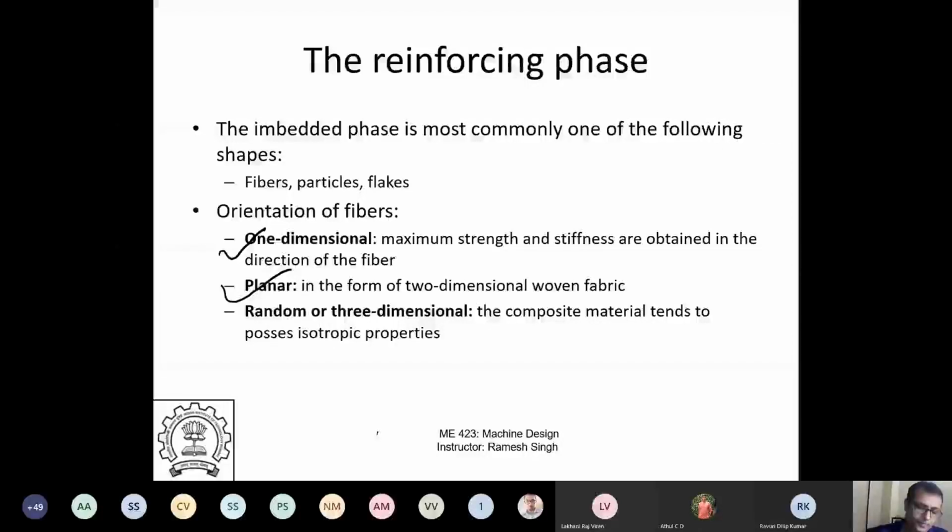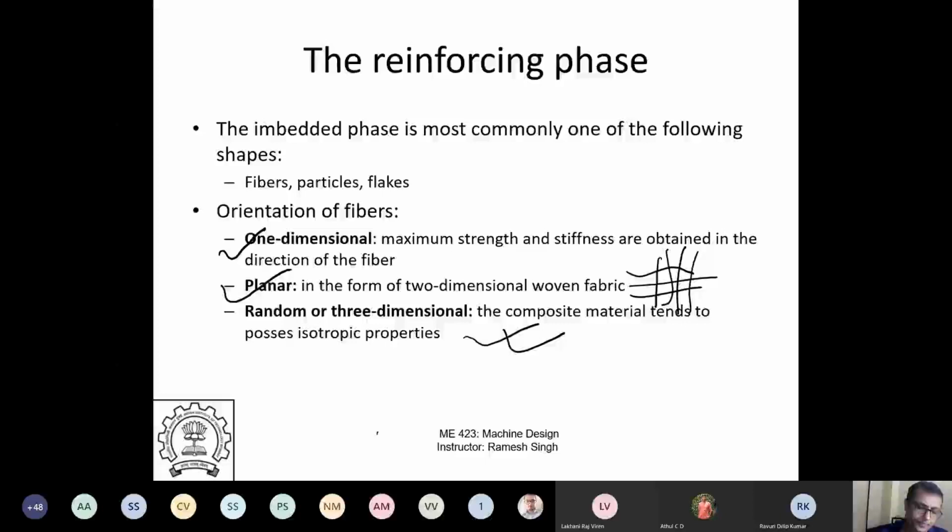Then planar means a woven fiber, like how you make a sweater, up and down of two fibers, like a woven cloth. Then you have random and three-dimensional fibers. This is what people are trying to move on to, so you can have a printed three-dimensional composite. Right now the way people make composites, the third dimension is just that you keep on laying material up.